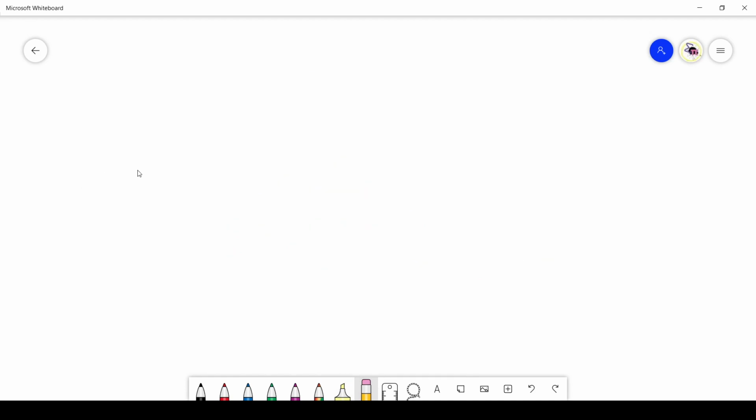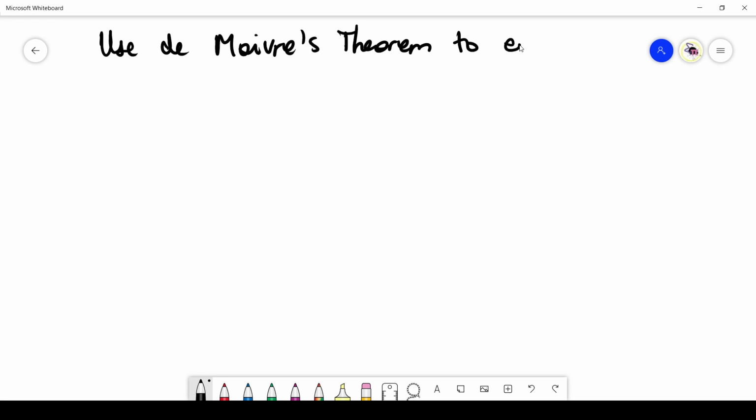Sometimes, besides moving from one form to the other, they can ask you to use De Moivre's theorem to express values for cos of an nθ value or sin of an nθ value.